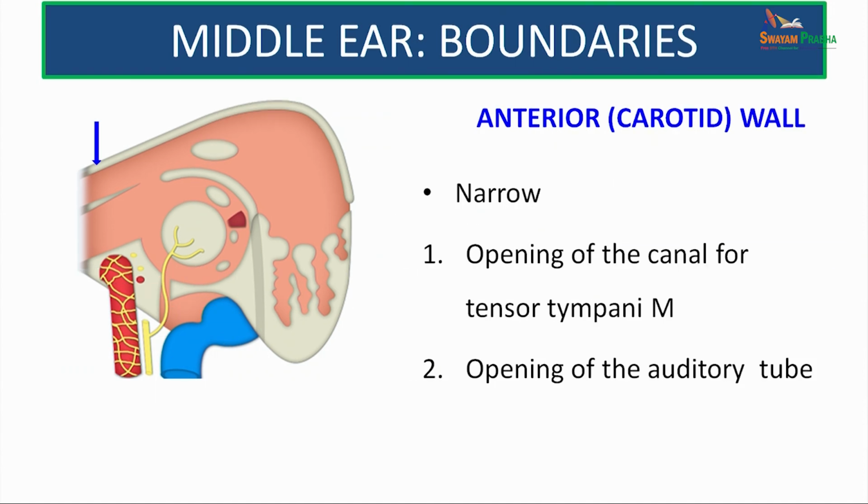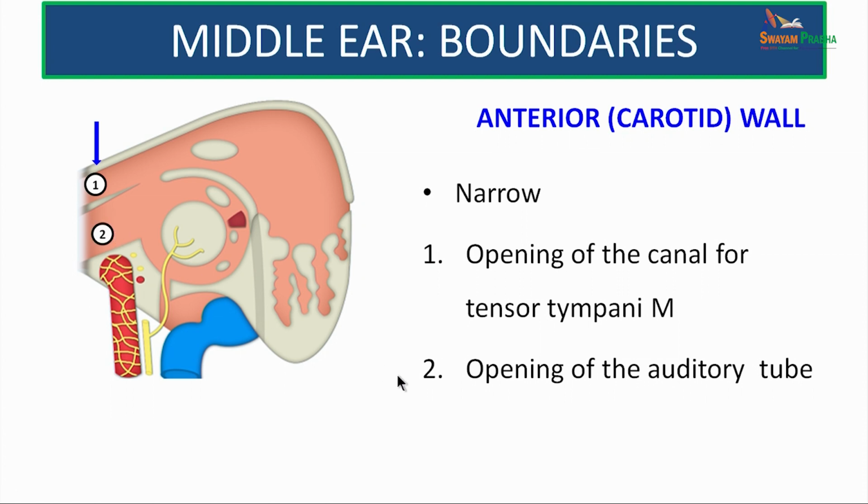Coming to the anterior wall, also referred to as the carotid wall, because the most important structure related to this is the carotid canal. It is very narrow and there is an opening of the canal for the tensor tympani muscle.